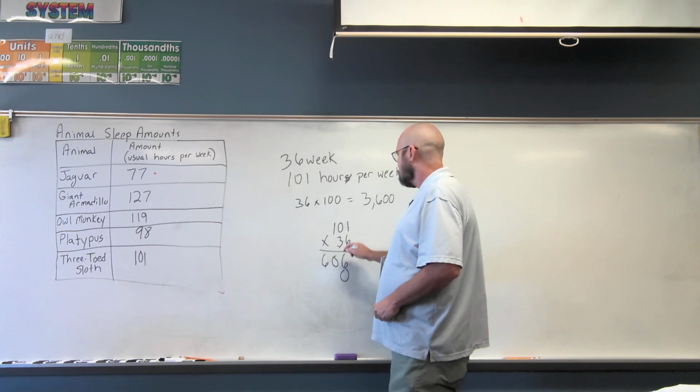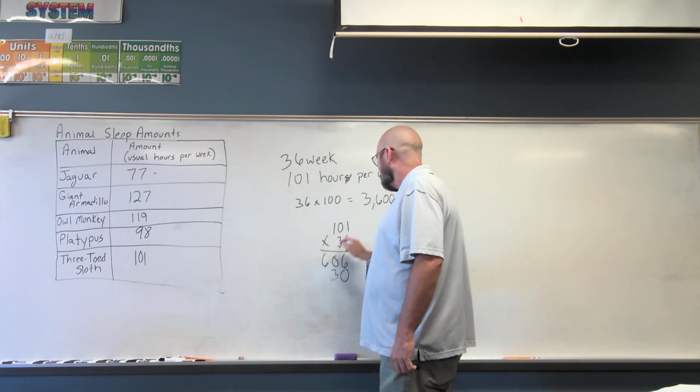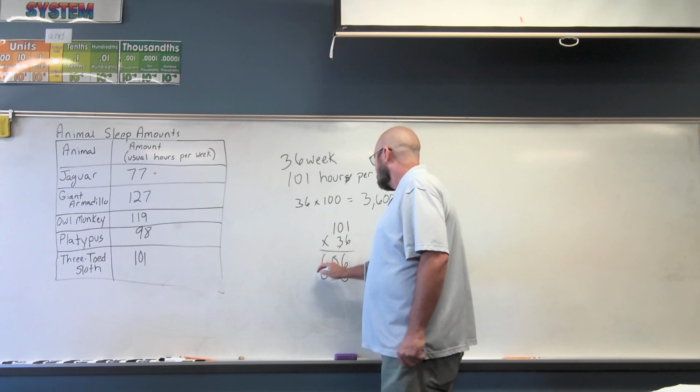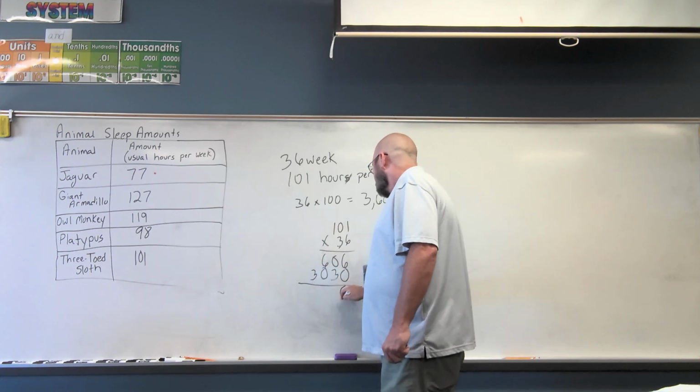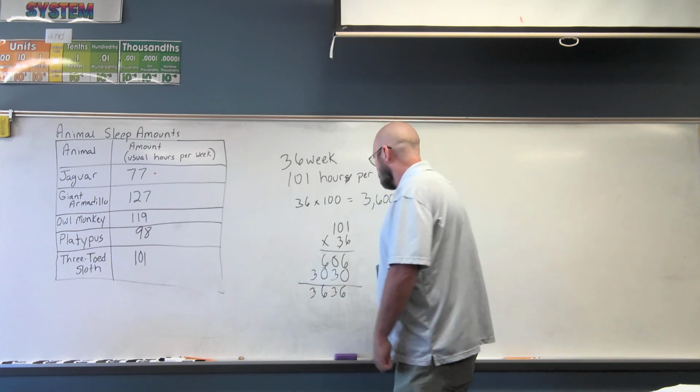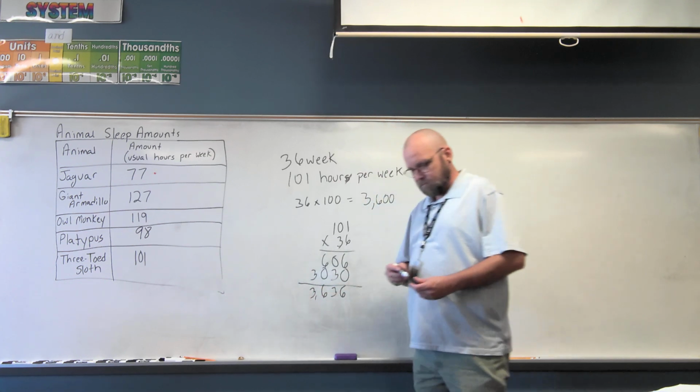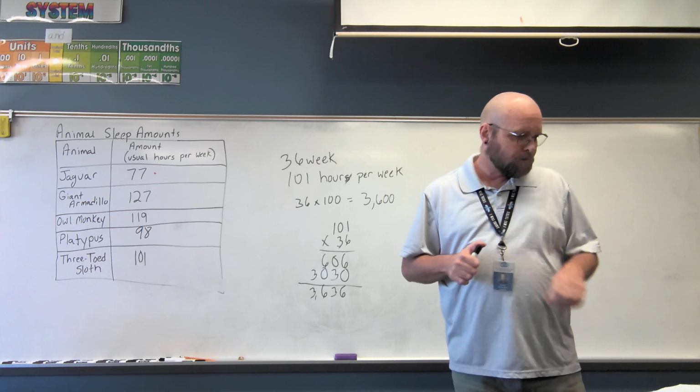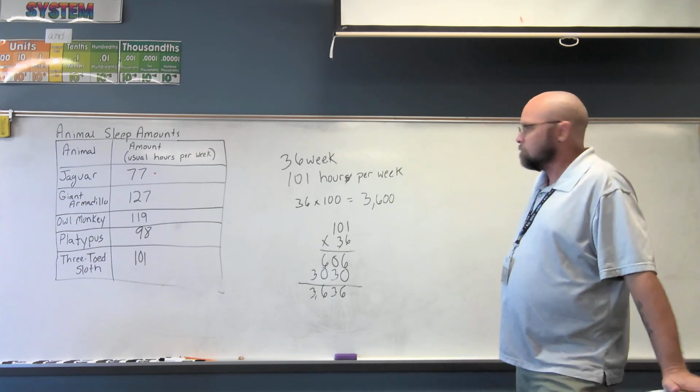I'm going to my tens place now. 3 times 1 is 3. 3 times 0 is 0. 3 times 1 is 3. 6, 3, 6, 3. So 3,636 hours in 36 weeks.